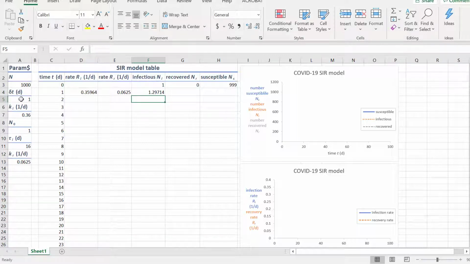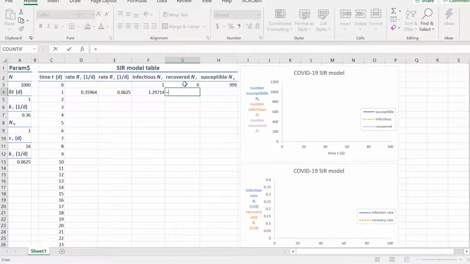Hit enter, and then the new recovered equals the old recovered plus the new recovery rate, which is that guy, times delta t, which is a parameter, so hit F4 to get the dollars.